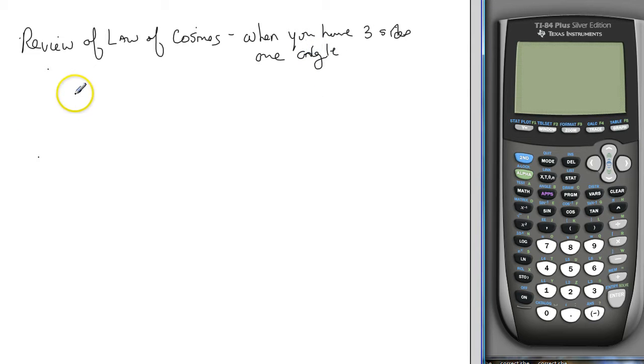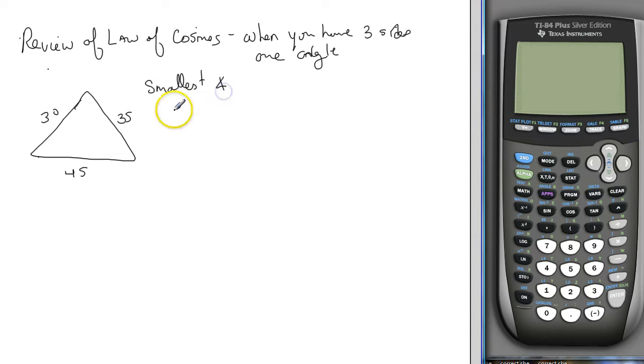So let's do a problem where we have a triangle and the triangle sides are 30, 35, and 45. Let's find the smallest angle. Yesterday we did the largest angle, so let's find the smallest angle to the nearest degree.